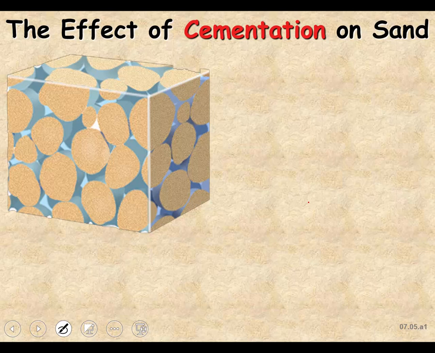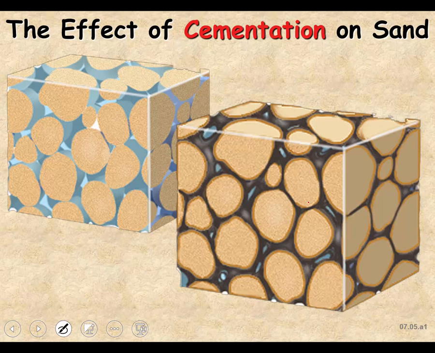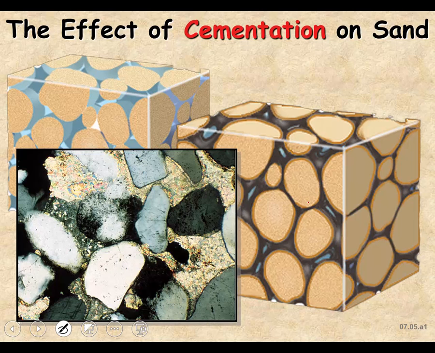Now you can significantly reduce the volume of pore space by cementation. And of course, compaction and cementation typically go on together as we are burying sediment. So by cementation, we can lose some or all of the porosity.